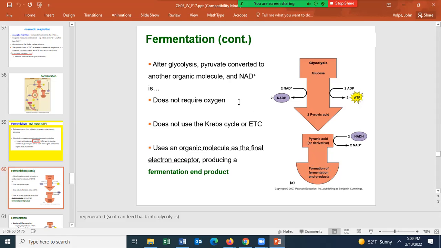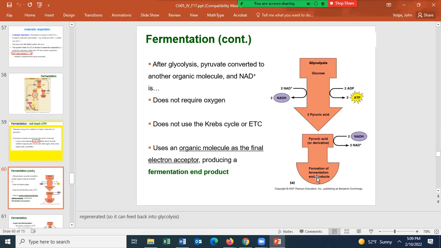Fermentation does not require oxygen, so it can happen when oxygen is present or when oxygen is absent. It does not use the Krebs cycle or the electron transport chain. It only uses glycolysis and then 1 or 2 fermentation steps after glycolysis.